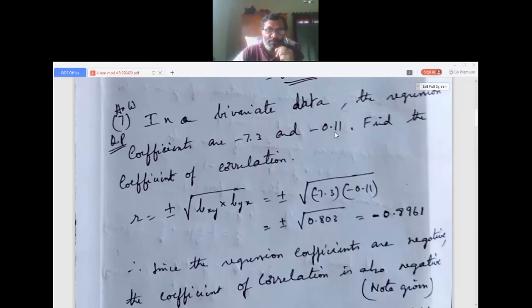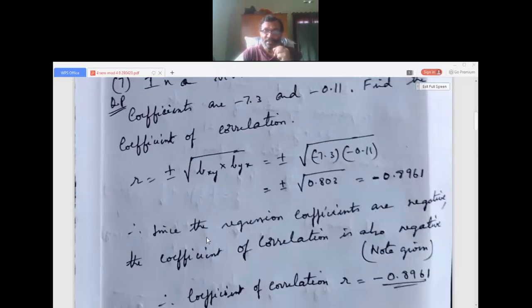If both bxy and byx, the regression coefficients, are negative, as you can see in the problem, then the coefficient of correlation will also be negative. So I have written here: since the regression coefficients are negative, the coefficient of correlation is also negative.